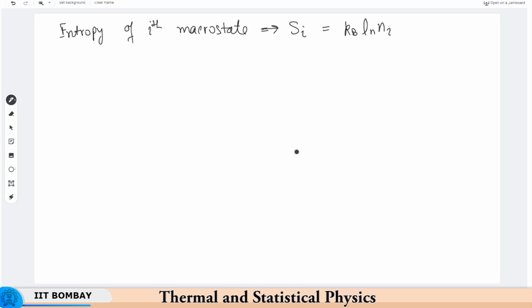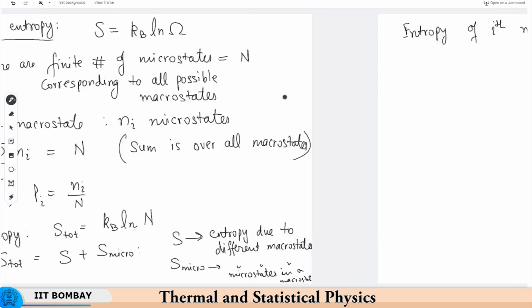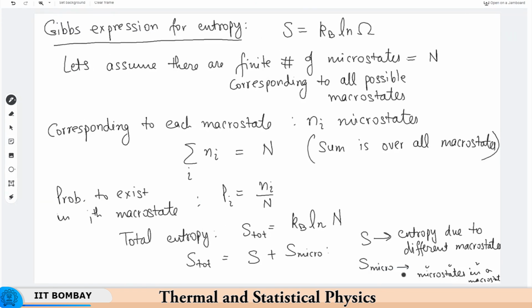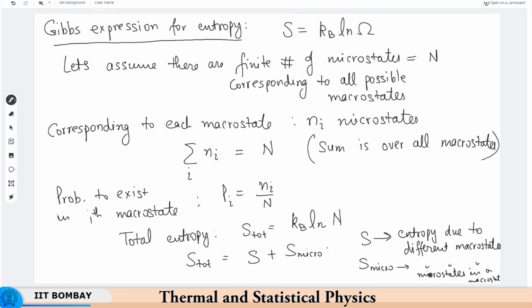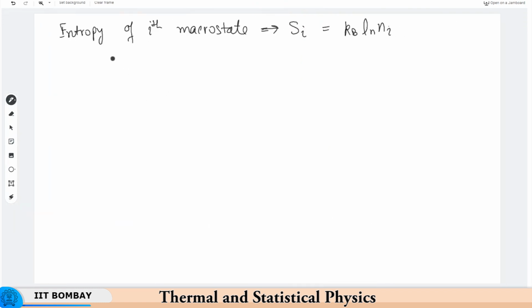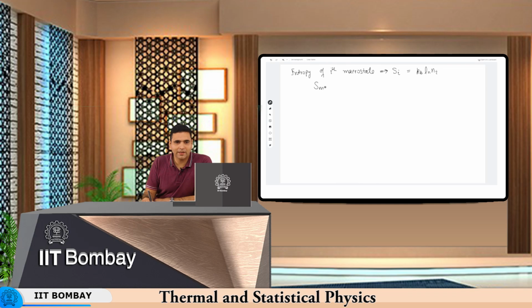This is the entropy of one macrostate, but what will be the average entropy of a macrostate? This is the entropy of the ith macrostate, which has some number of microstates. So, what will be the average entropy contribution due to the microstates present in a particular macrostate? Let us call this S micro.